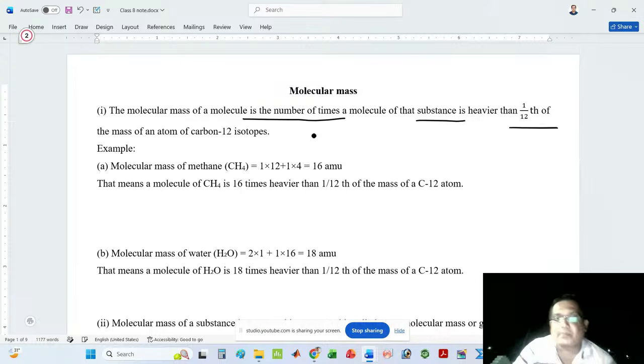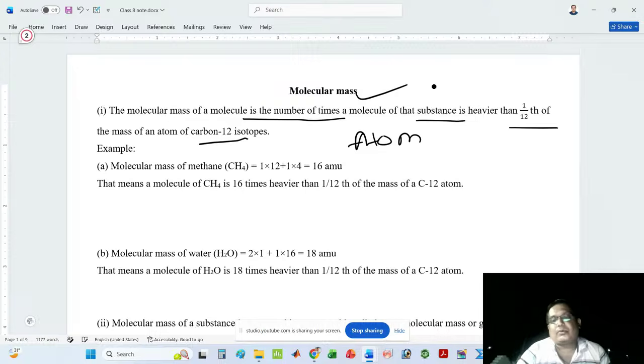Like the atomic mass, you can also explain the molecular mass by using the same concept. The only difference is that in atomic mass you relate to the atom, but in molecular mass you relate to the molecules.